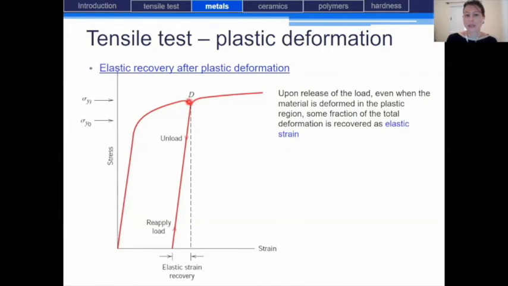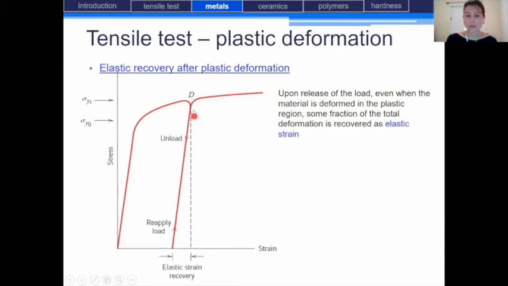So let's stretch the sample up to this point D. We could expect that the remaining strain of the sample would correspond to the coordinate on the x-axis, but in fact what we will observe is that this sample will follow this unloading curve that is almost parallel to the elastic regime of this sample.